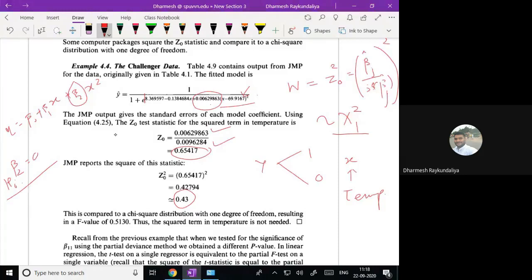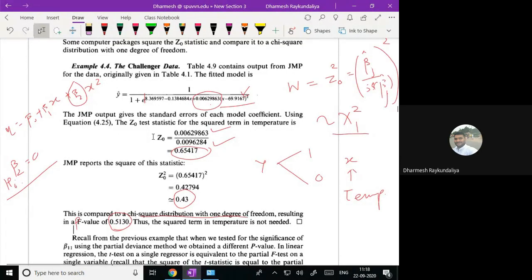So 0.43 is a calculated chi-square that should be compared with the chi-square with 1 degree of freedom, and the resulting p value, not the f value, is 0.5130.